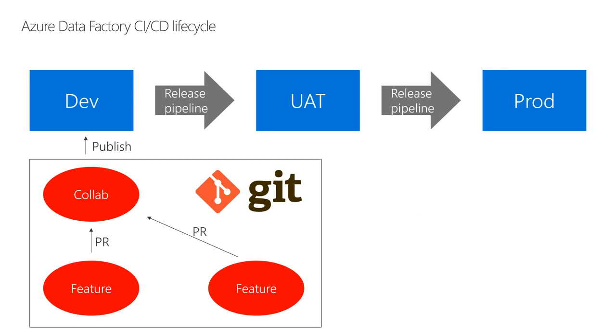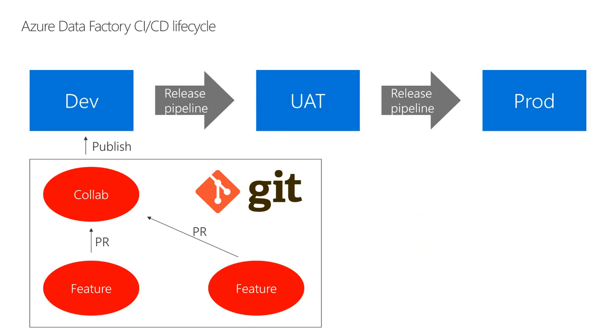But what that actually does, whenever you click publish inside of Data Factory, is it takes the collaboration branch that you're working on and generates all of the deployment artifacts necessary to allow the cloud-based Azure Data Factory execution system to execute that pipeline.